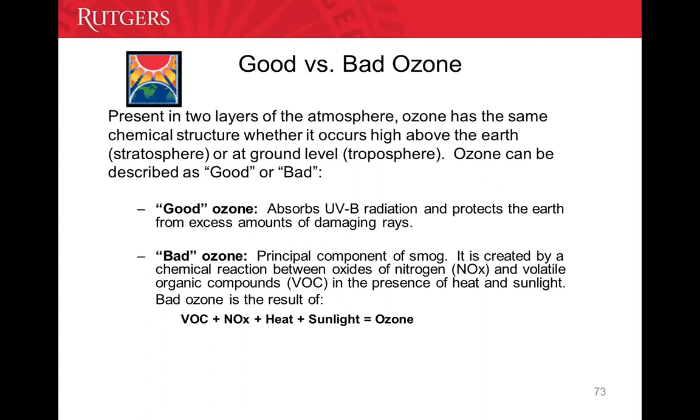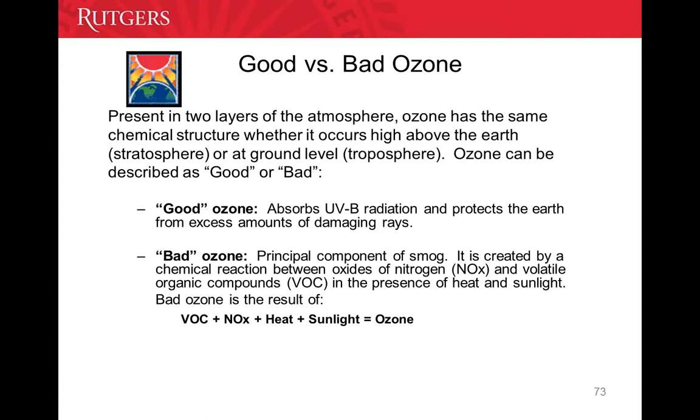So we have the one that's blocking out the UVB rays. Remember that the hole in the ozone layer, of course, is what's allowing for the increased incidence of radiation, the increase in temperature, the increase in skin cancer, the increase in cataracts.